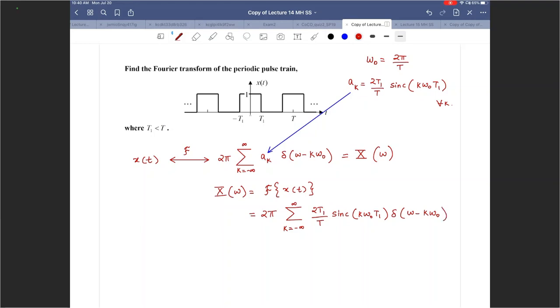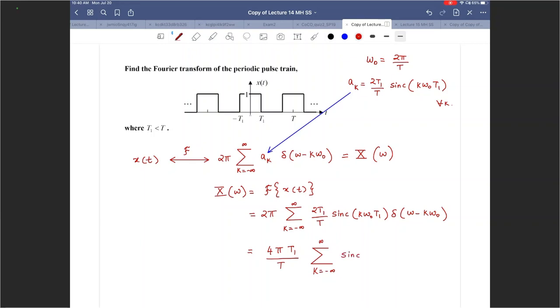Rearrange, you can get 4 pi t1 divided by T followed by a summation with respect to k. I'm left with sinc and impulse.